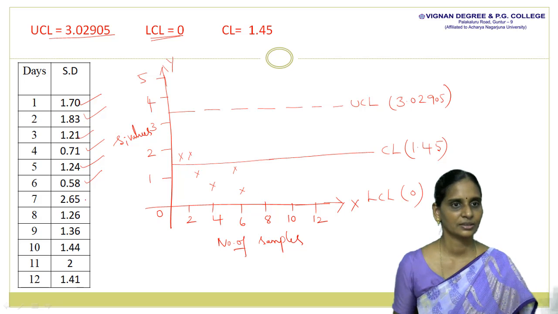The seventh value is 2.65. The eighth value is 1.26. The ninth value is 1.36. The 10th value is 1.44. The 11th value is 2. And the 12th value is 1.41.